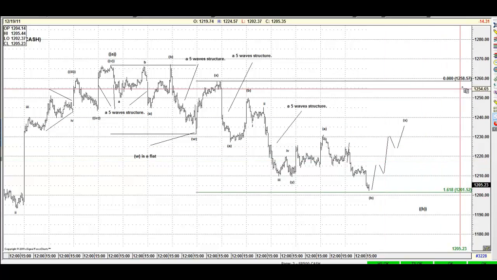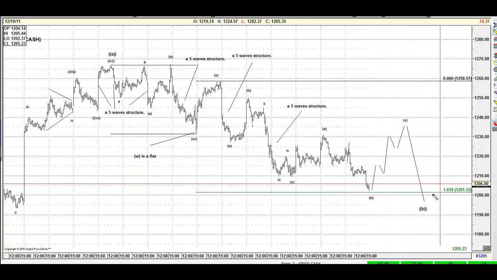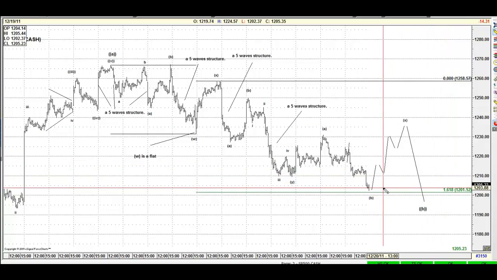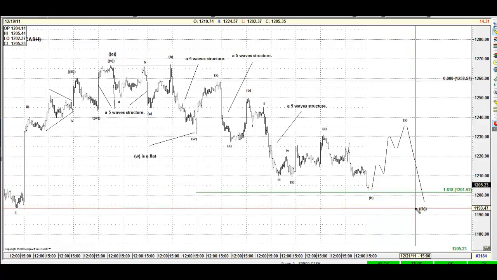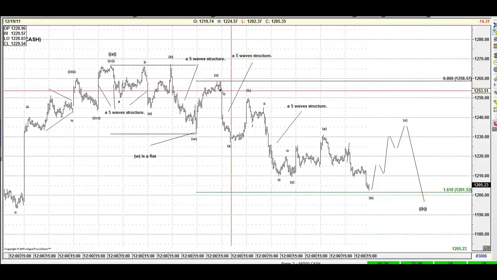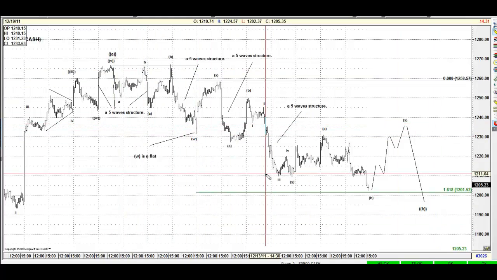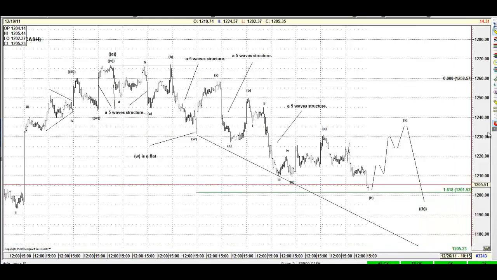Now, from there, we should get another test, and then the S&P can go lower. The S&P would trade lower to 1184 before bouncing higher. So either way is a correct structure in my view. It has a channel here, well defined.